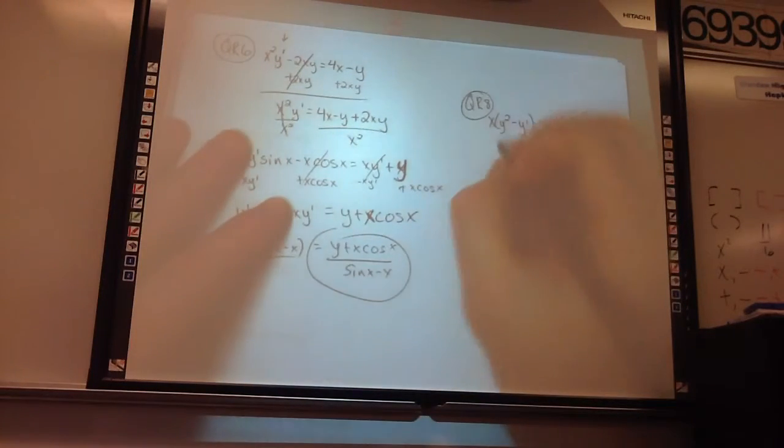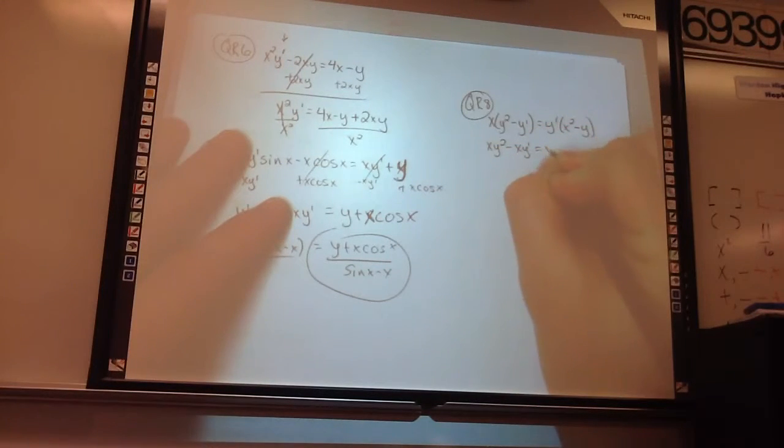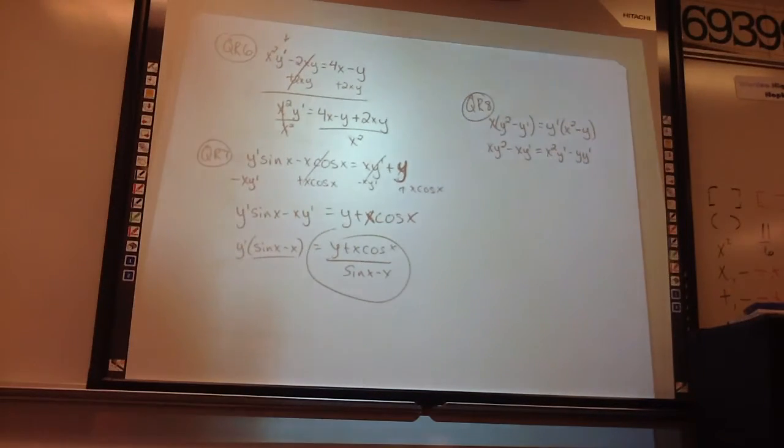So you have x y squared minus x y prime equals x squared y minus y prime. So when you have y prime, it's not the same as distributing y. Now, same thing, get the y primes on one side, factor them out. So basically, add x y prime to the other side. Whatever, you can do it whichever side you want.